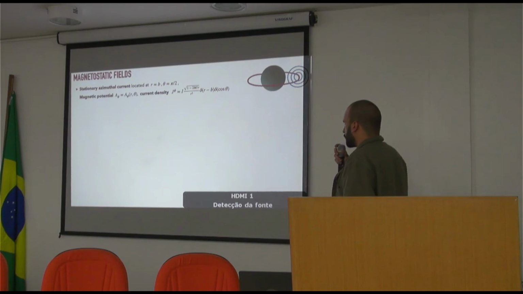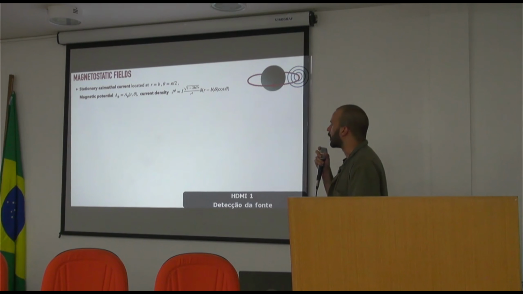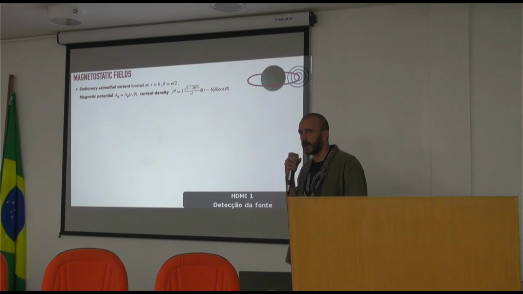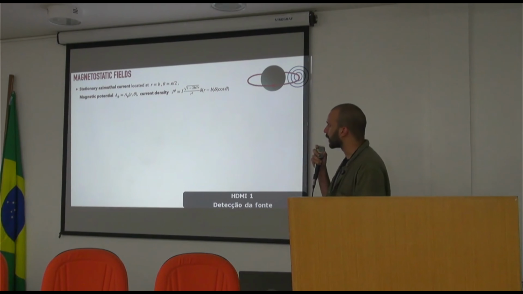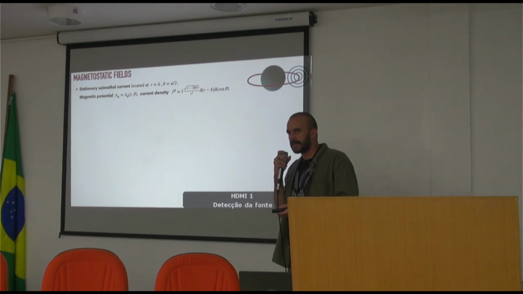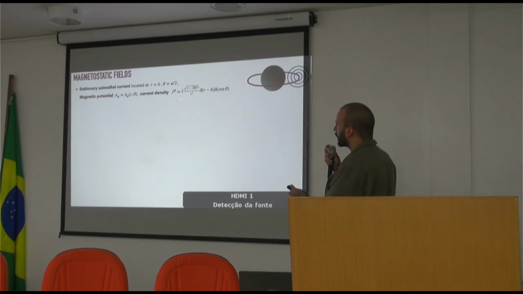We want to understand how the magnetic field in the space-time will look like. To solve this problem, of course, we need to turn on some magnetic potential. In this case, since we are in stationarity and axisymmetry, the only relevant component of the magnetic potential is the component phi of the gauge field. And the current density takes basically this form.